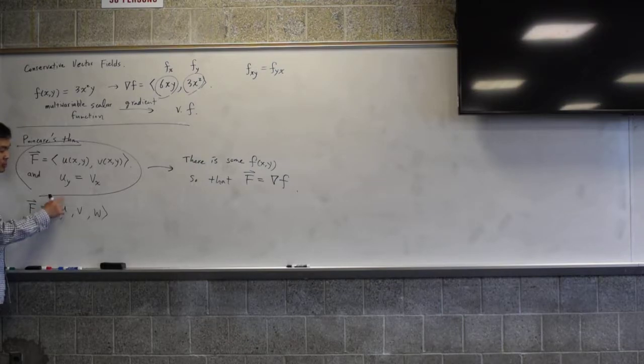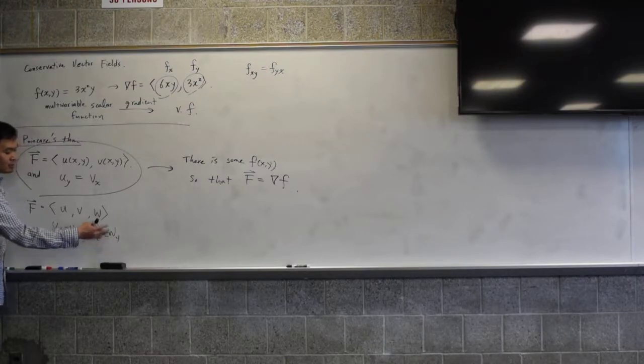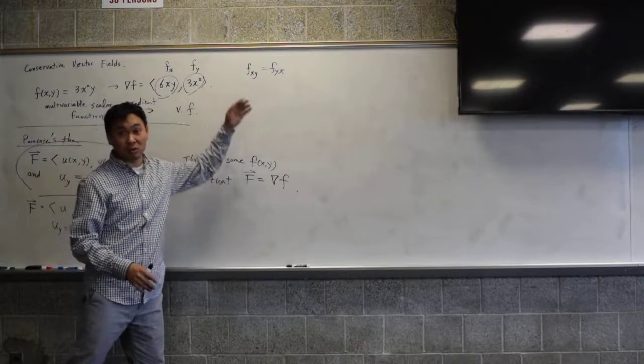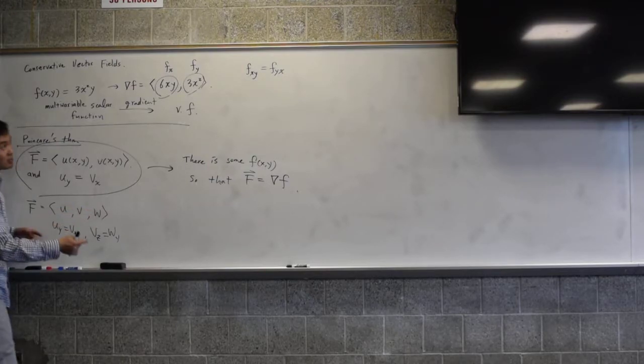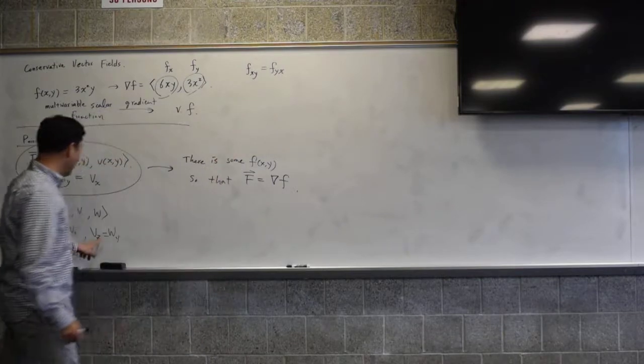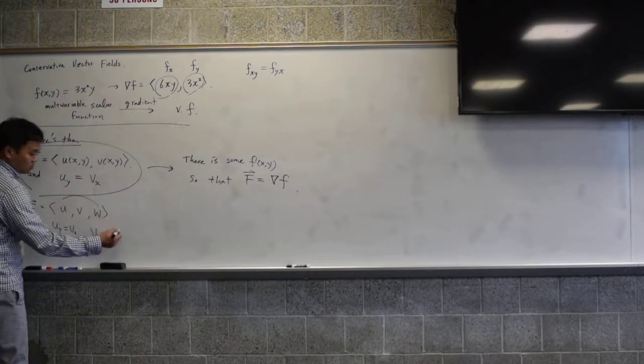I have to know that this is true. And I have to differentiate v by z and then w by y. This has to be equal. I'm just writing all the conditions for the second partials to commute. Just think about this as fx, fy, fz, and write down what this equation means. It just means this condition. The second condition just means fyz equal to fzy.